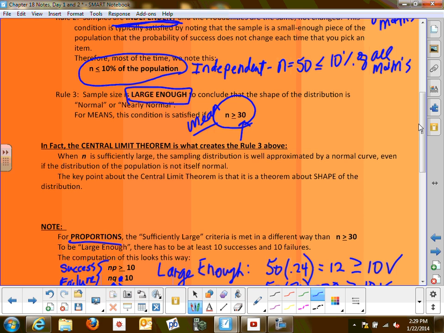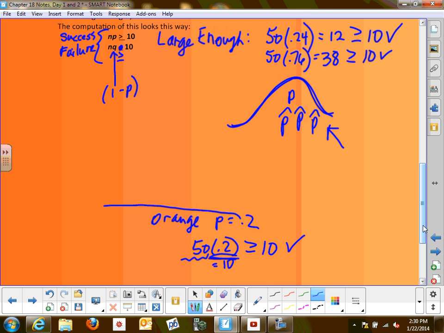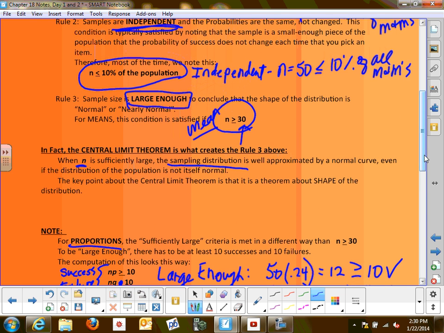The central limit theorem says if your sample size is sufficiently large enough, then the sampling distribution, meaning this thing down here, will be approximated by the normal curve. And here's the oh my goodness, major part: even if the parent population, the distribution of the entire population, is not itself normal.